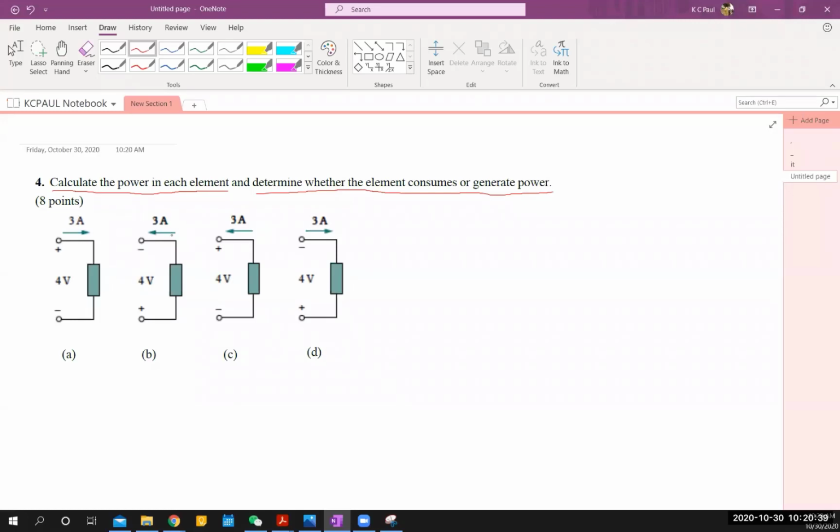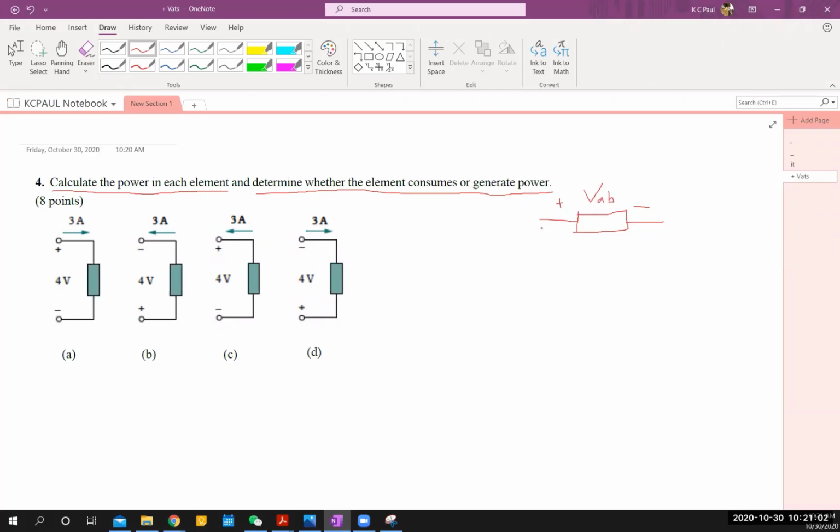So what is the passive sign convention? You already know. If there is an element like this, with a positive terminal here and negative here, and it's an element, not a voltage source, you have VAB, for example.